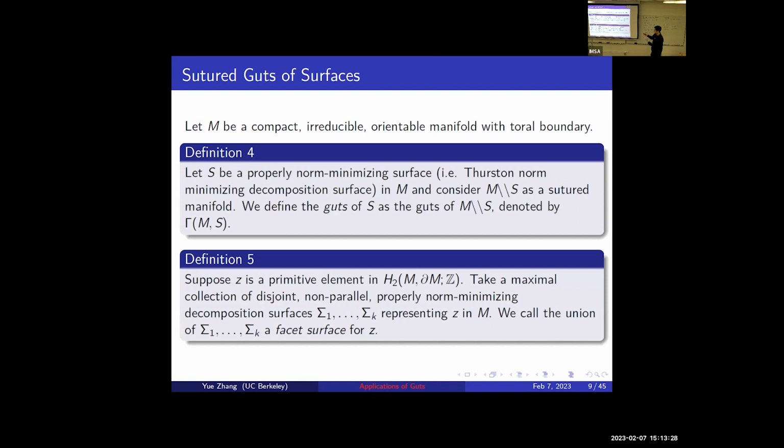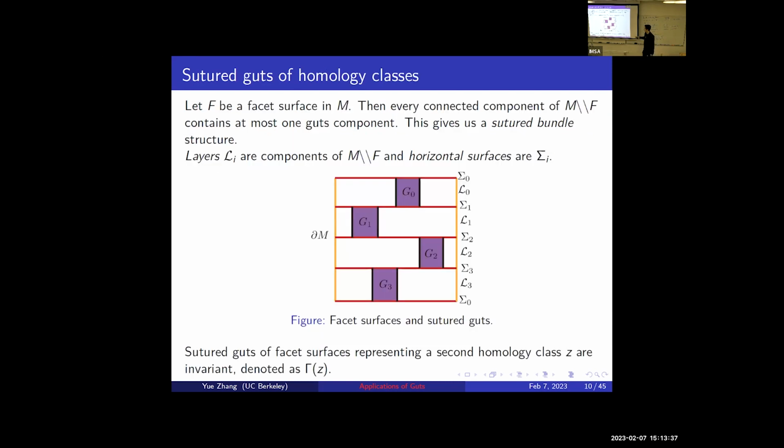And this is the same definition as what Ian said in his previous session, so just skip it. This is a schema of what I imagine the guts of a manifold created from a second homology class. When you have a second homology class, you take the Thurston norm-minimizing surfaces, which are a maximal collection of disjoint non-minimizing surfaces representing the homology class. So it's sigma 0, sigma 1, sigma 2, sigma 3.